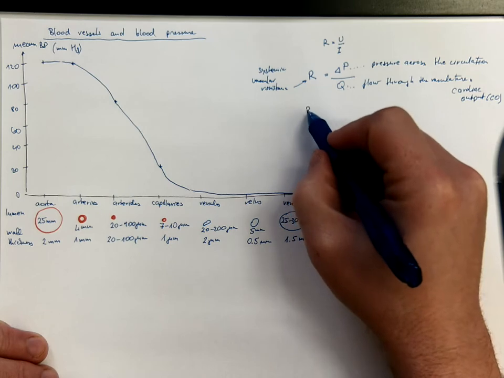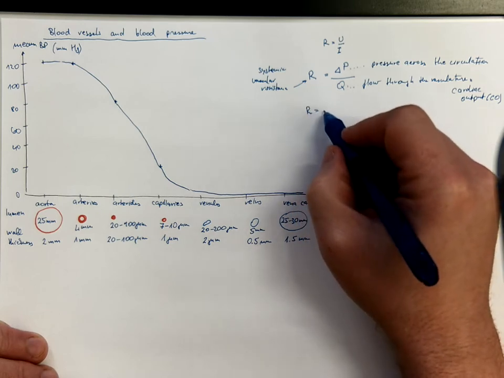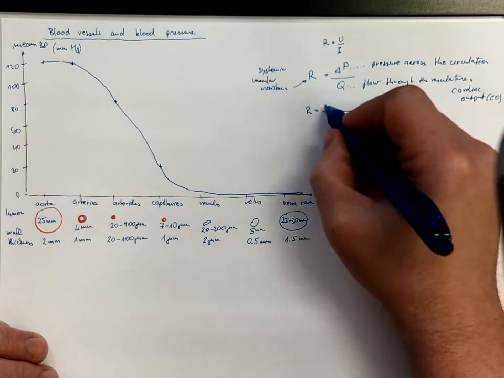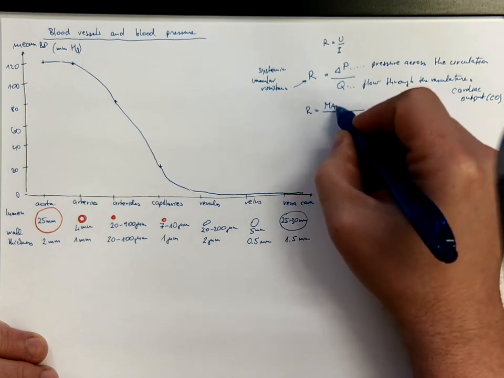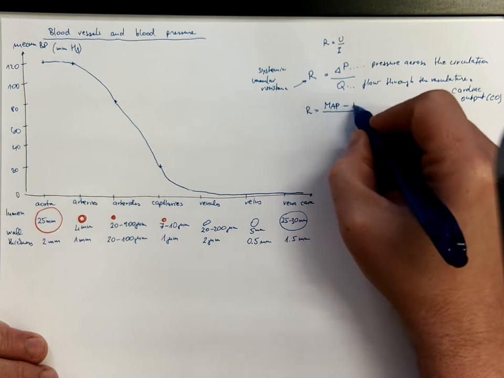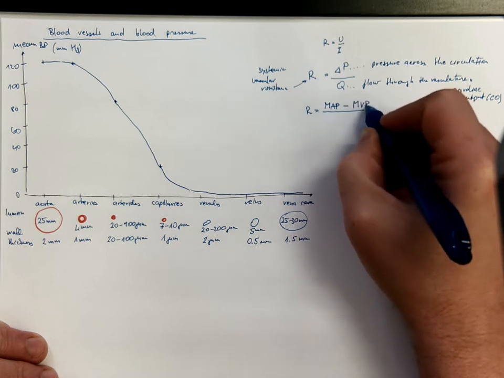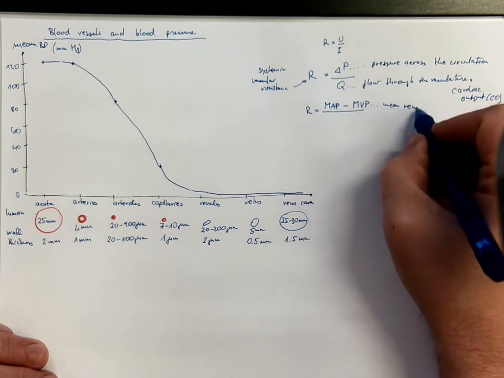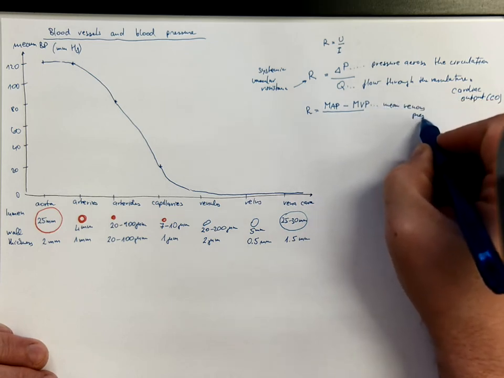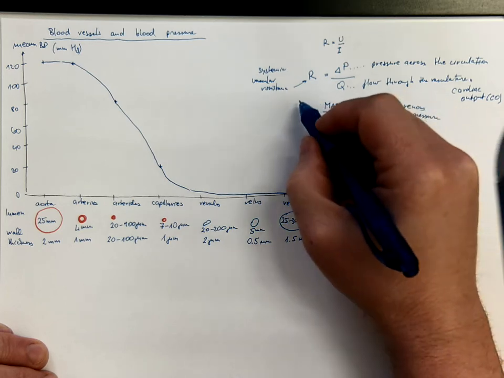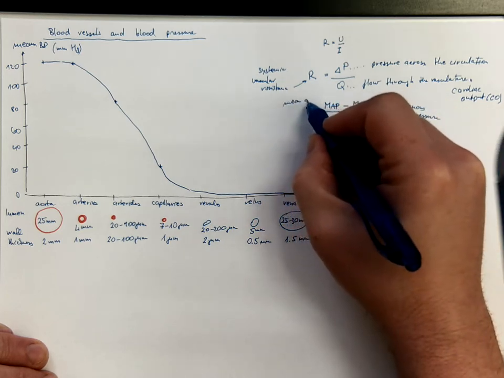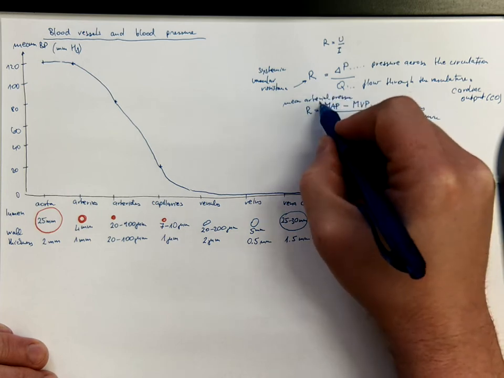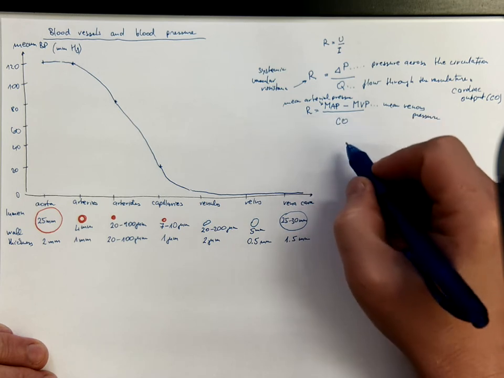So, the resistance equals the pressure across the circulation, which is the difference between the mean arterial pressure and the mean venous pressure, divided by the cardiac output.